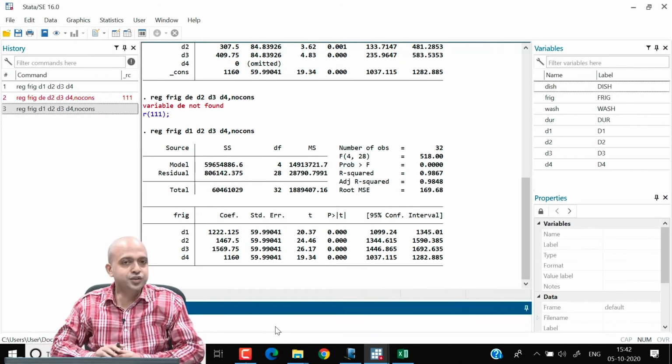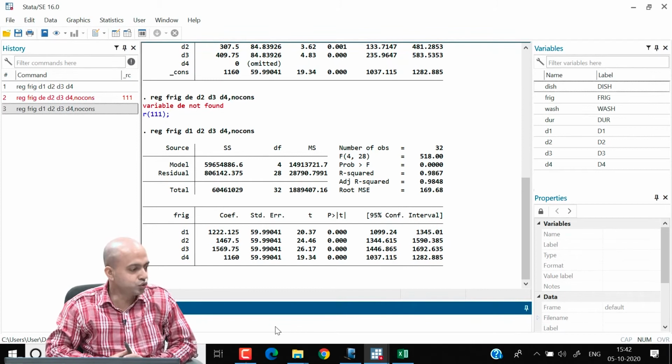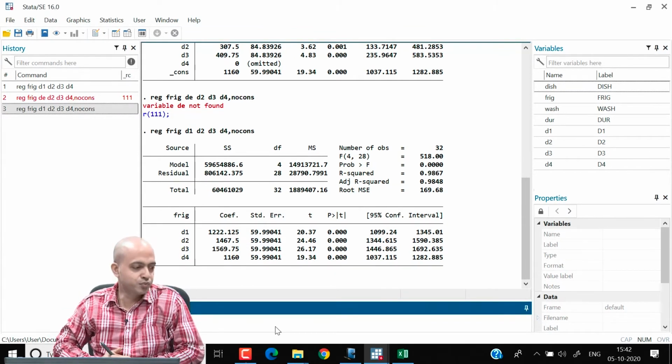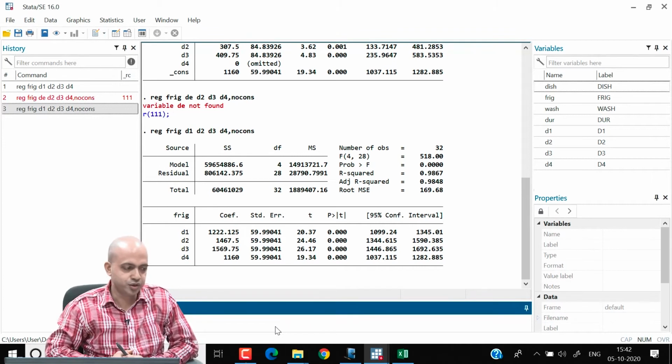So mean sales of the first quarter is 1222, second quarter it is 1467, third quarter is 1569, and fourth quarter is 1160. And if you look at the significance of these coefficients, all are significant at the 1% level because the p-value is 0.000.